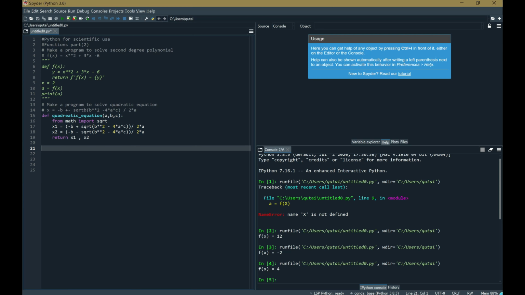Here we make def summation, and we have s equal to 0, our summation variable, and we make a for loop for i in range n plus 1, because if n is equal to 10, we want to go to 10, not to 9, so that's why I write n plus 1.